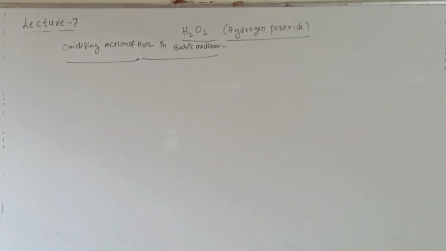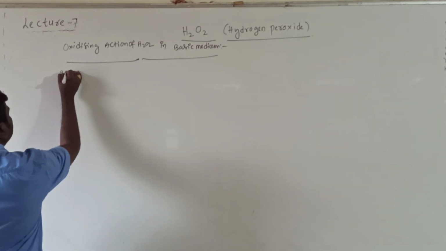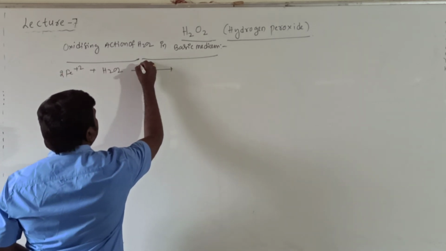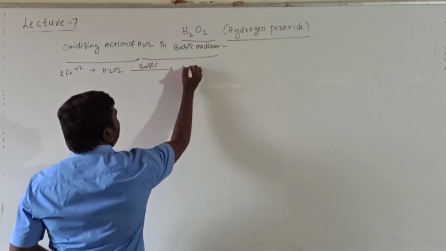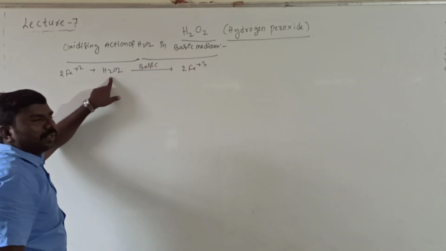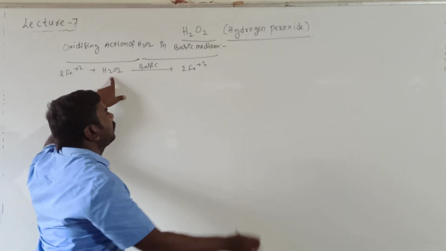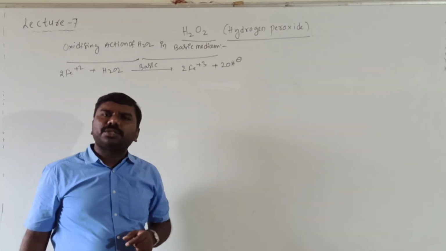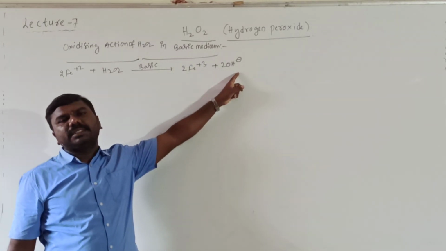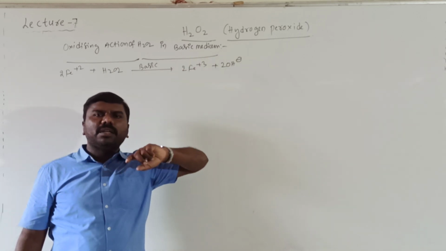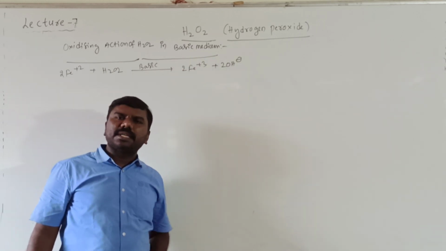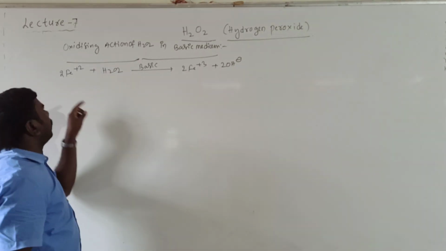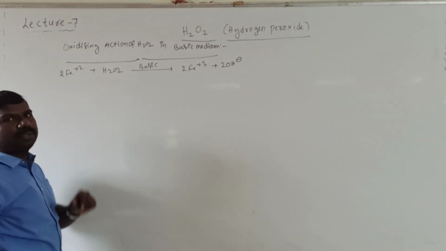First one, 2Fe plus 2 plus H2O2 in basic medium gives 2Fe plus 3, H2O2 acting as oxidizing agent converted into 2OH minus. H2O2 is converted into H2O in acidic medium, otherwise OH minus in basic medium. So Fe plus 2 to plus 3 is oxidation, it is oxidized to Fe plus 3 by H2O2.